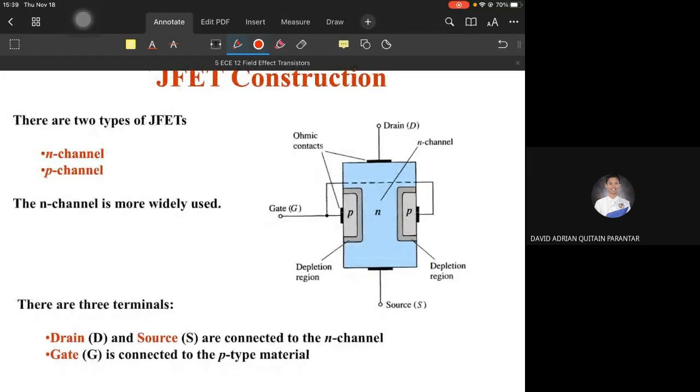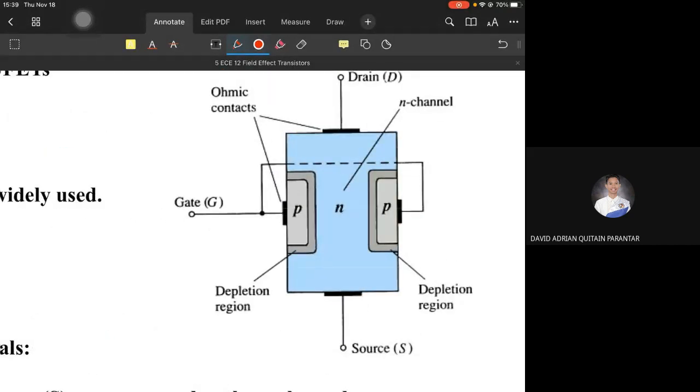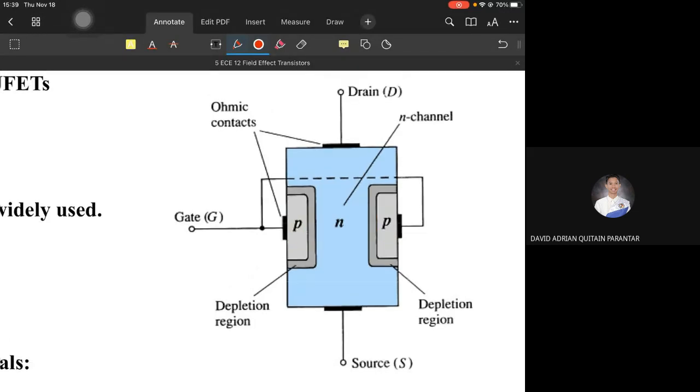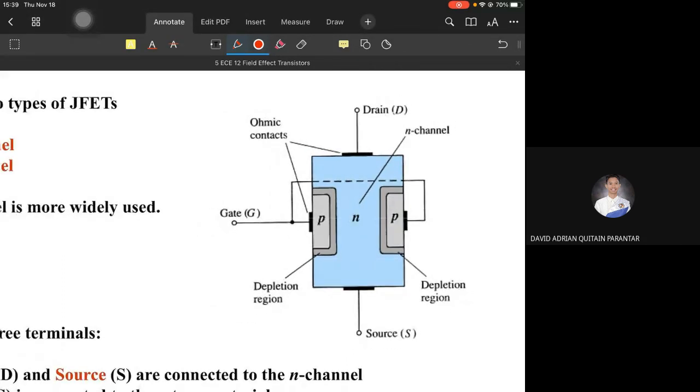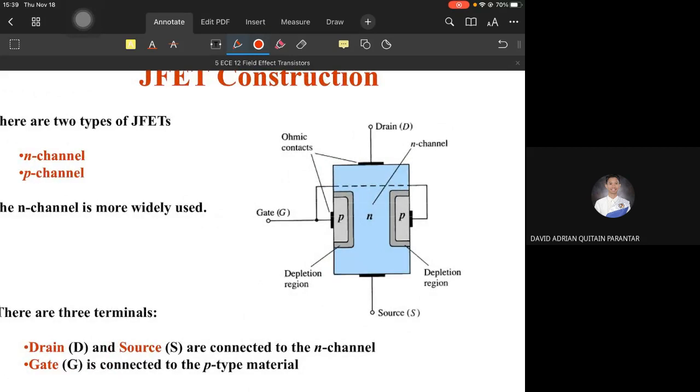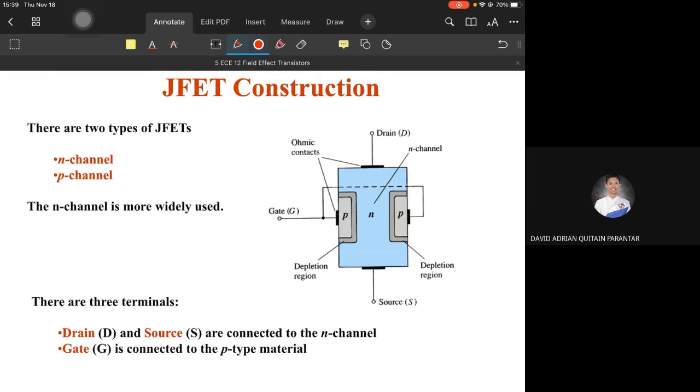This P-type material here is not as big as drawn in this figure. It's not drawn to scale. Technically, it's very small. So it can't be called a 3-layer device in the same way that the BJT is a 3-layer device. It's either N-channel or P-channel only.